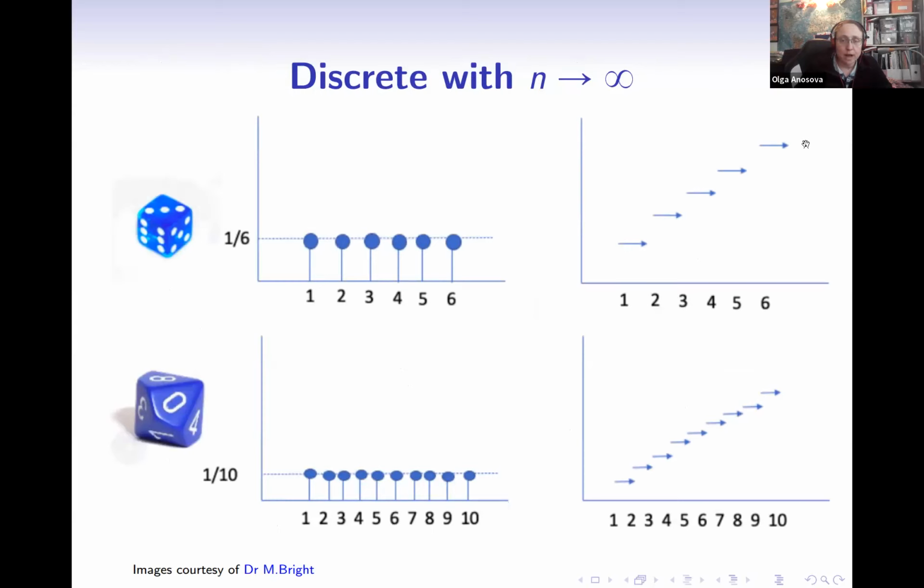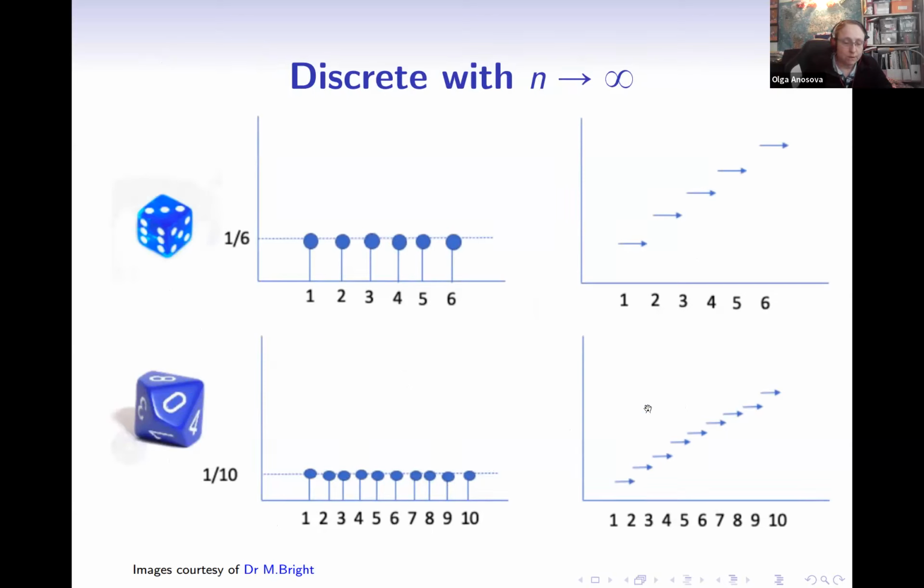So what will happen if we take more and more experiments? For the dice, we had just 6 possibilities, and then the cumulative function looked like that. But this strange dice with 10 possible sides will also produce a uniform distribution, from 1 to 10. The probabilities will be smaller, obviously, adding up to 1.